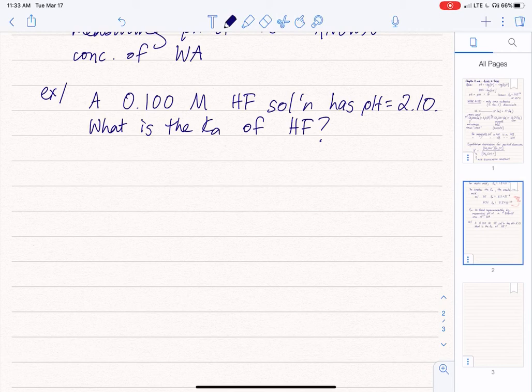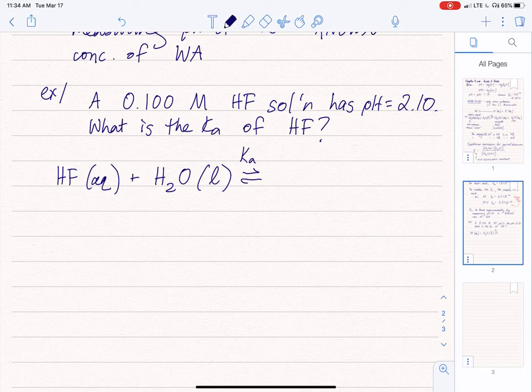This is a classic kind of weak acid question. The way that you should approach these problems is always, always write down the reaction for the dissociation of HF in water. Okay, so here we have HF interacting with water, and that, of course, is an equilibrium reaction, and it has a Ka associated with it.